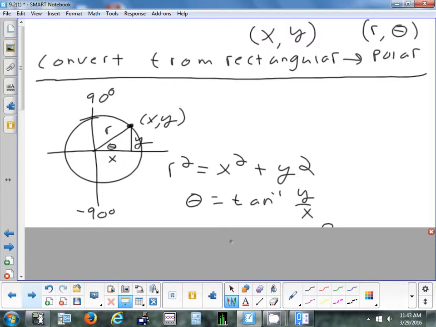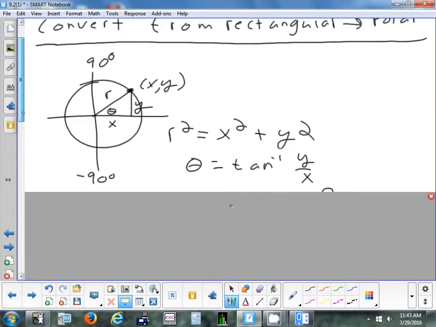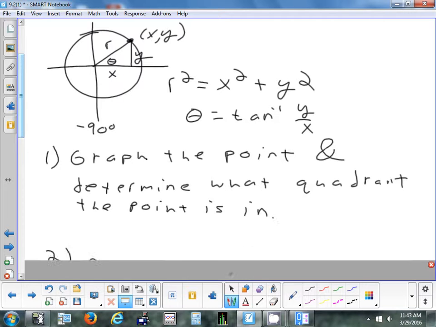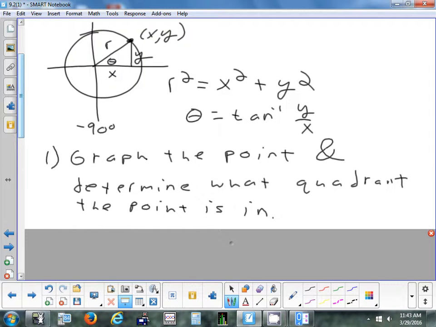So that means you're always going to get an answer in what two quadrants? 1 and 4. Which potentially could be a problem because you can have points in other quadrants. Yeah. So I'll show you what you have to do if you're in quadrants 2 or 3 in a second.